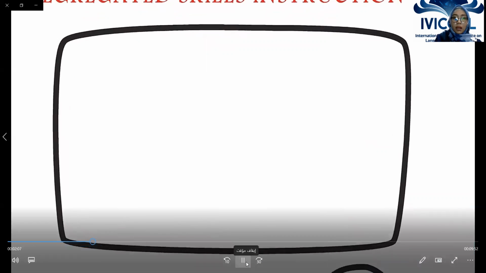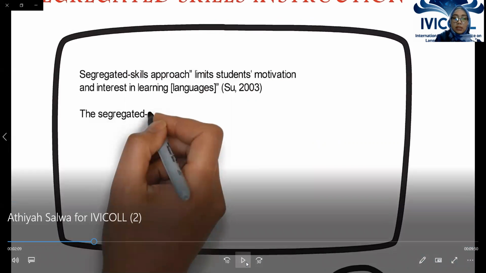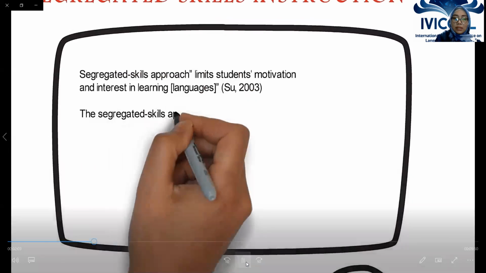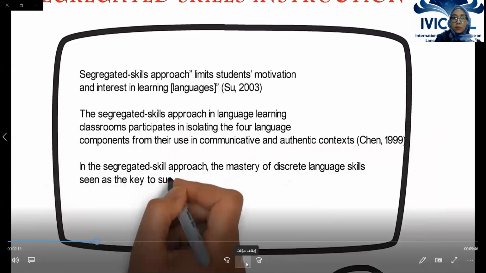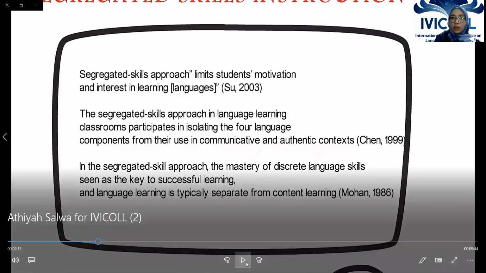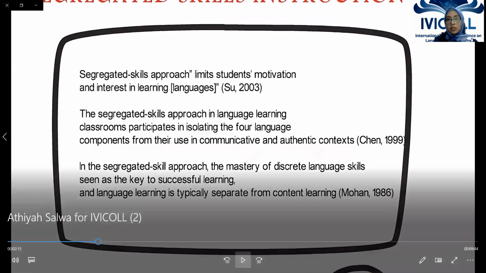In the segregated skill approach, only one skill is taught at a time. The mastery of discrete language skills such as reading and speaking is seen as the key to successful learning, and language learning is typically separate from content learning. Skill segregation is reflected in traditional ESL or EFL programs that offer classes focusing on segregated language skills.